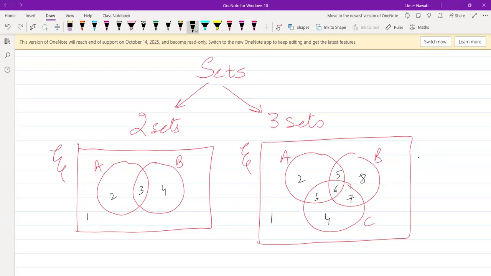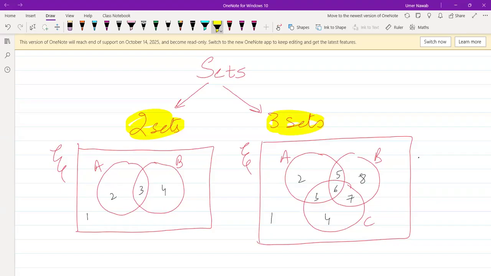Normally, the examiner gives you questions in two sets and three sets. He may change the questions, like if he is using three sets, two sets are overlapping and the third set is not overlapping. But in normal routine, this is the situation which I have drawn in front of you. Two sets and three sets.